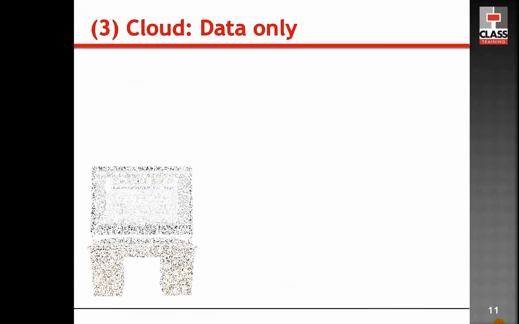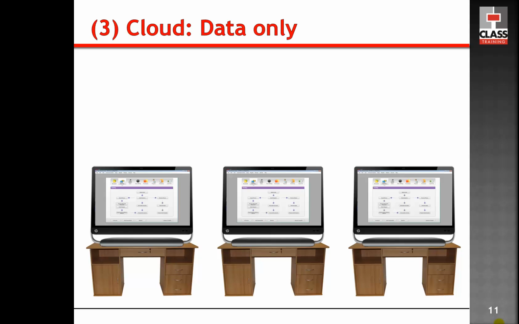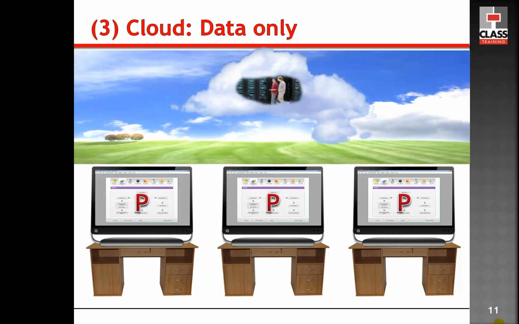With the cloud, if they've just got the data in the cloud, this time I've got my 3 computers in the office, and I've got the program installed. I must have that program installed on each computer, and in MYOB and QuickBooks, that's how they can run it. They have that particular option. Up the top here in the cloud, up in the atmosphere, someone, MYOB or QuickBooks, is handling your data for you.